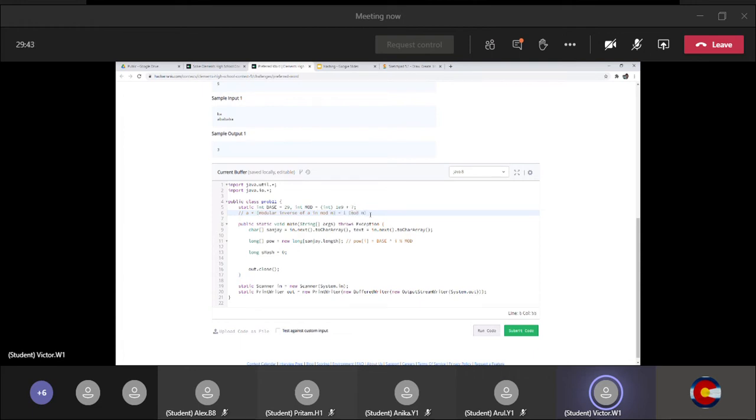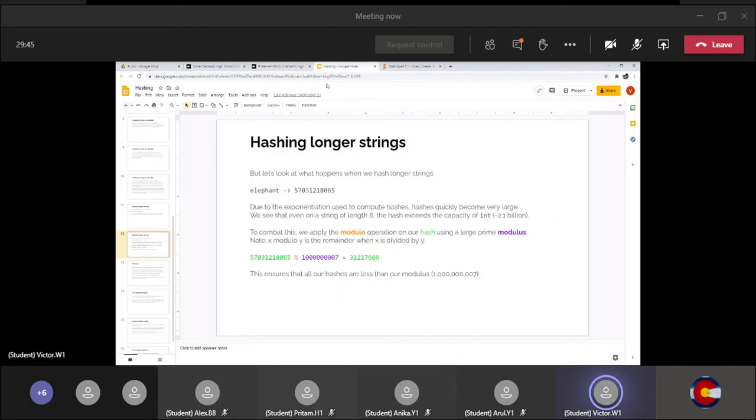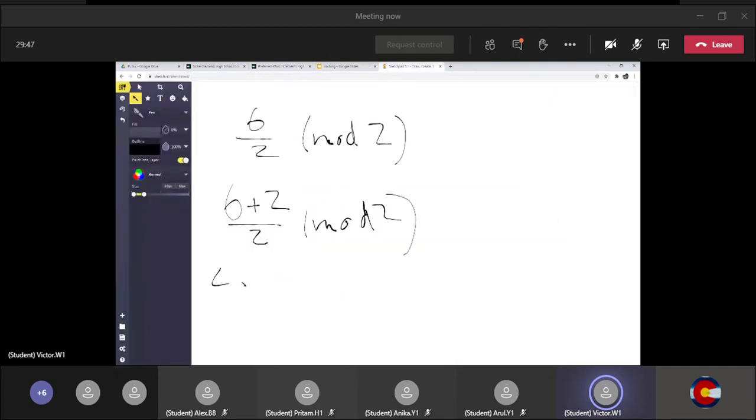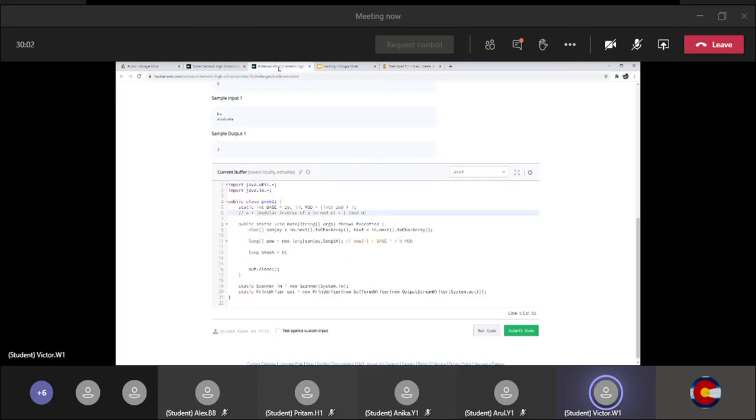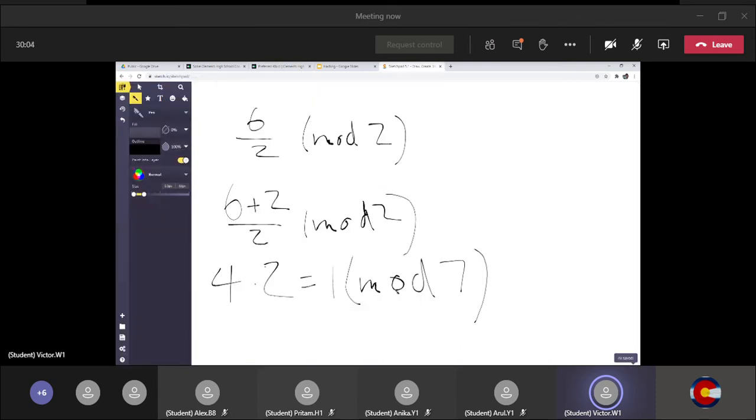For example, say we have the number 4 in mod 7. The modular inverse of 4 in mod 7 is, I think, 2. Yes, 4 times 2 is 1 mod 7, because 4 times 2 is 8, which when divided by 7 has a remainder of 1.